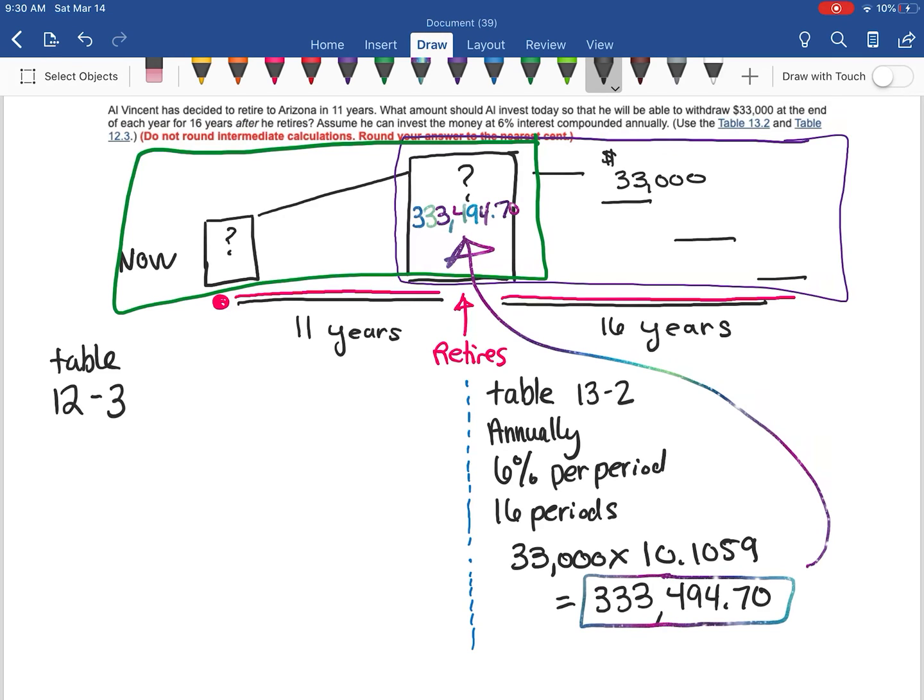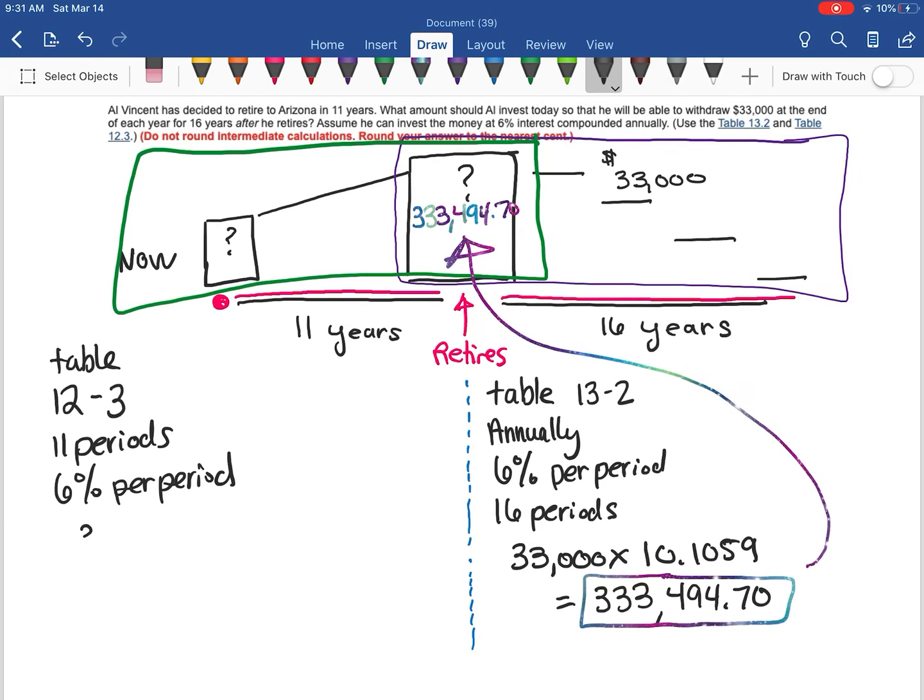So on this side of the problem, the green area, the first half, we're doing this annually for 11 years. So now we're looking at 11 periods. It's still 6% per period because we're doing this annually. And so I've got to look up on my table what that table factor is.